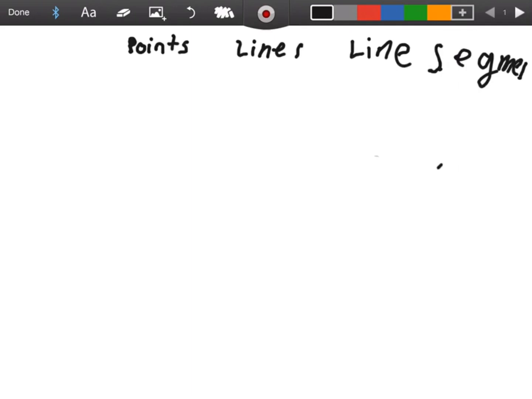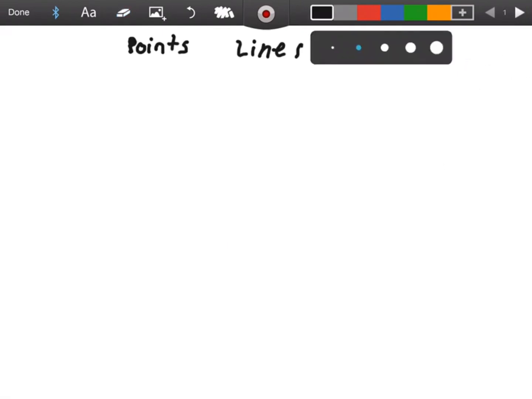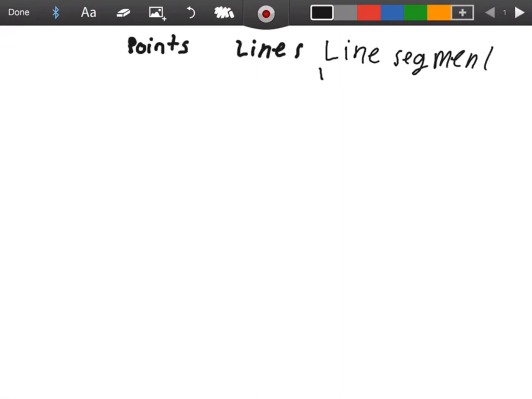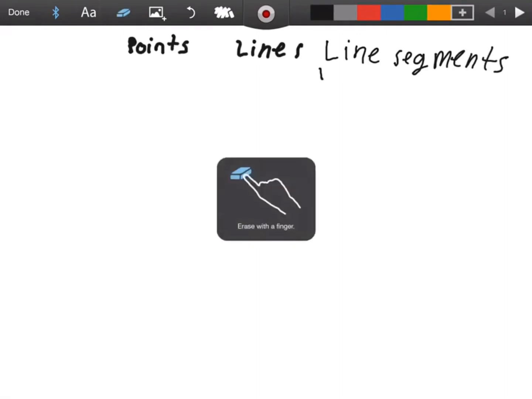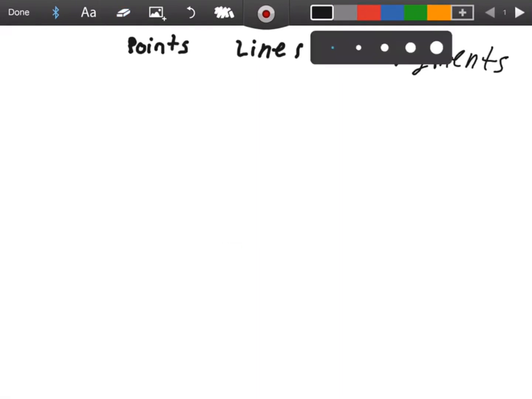Can we squeeze line segments in there? No, we can't. We can write a better line segment. We've learned about points, lines, and line segments. So, yeah, we've learned about points, lines, and line segments.